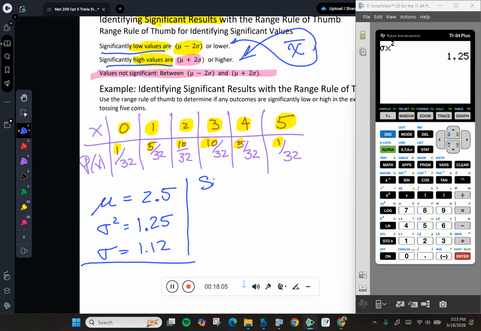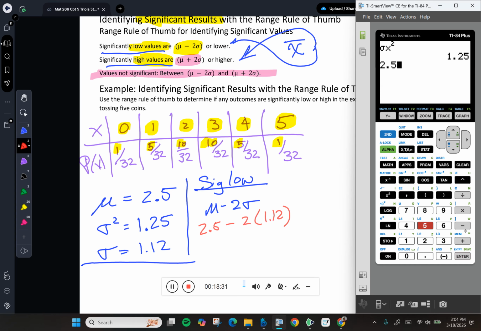So significantly low is going to be any value of X that falls below our mean minus 2 standard deviations. Anything below 2.5 minus 2 times 1.12.